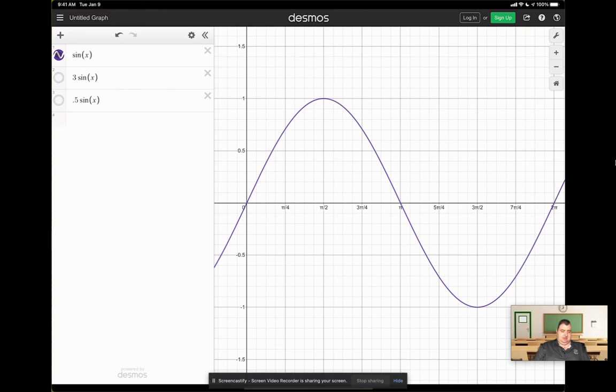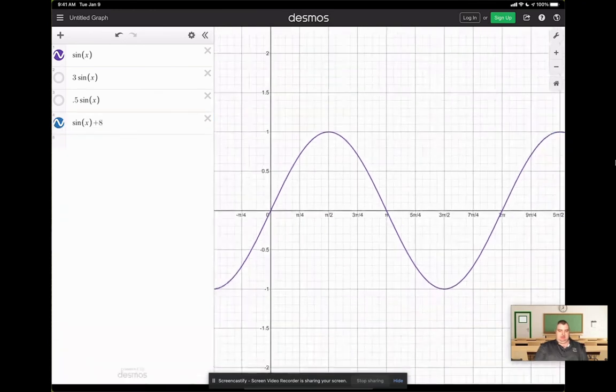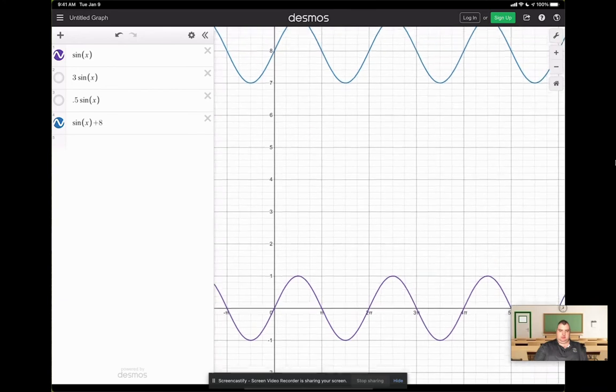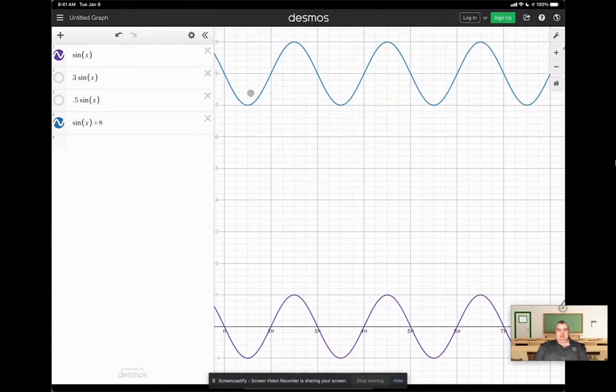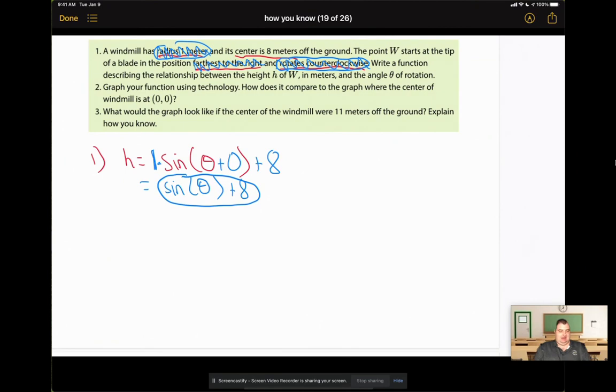So if I take my sine graph and I compare it to sine of theta, or sine of x, plus 8, I'm going to have to zoom out a little bit. Okay. Notice it's literally the same shape. It's just the one where the height is 8 is shifted up 8 units. Other than that, it's the same exact graph.